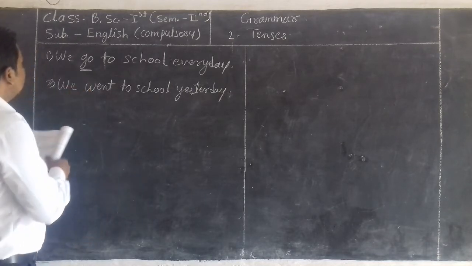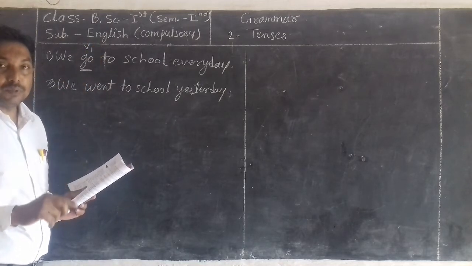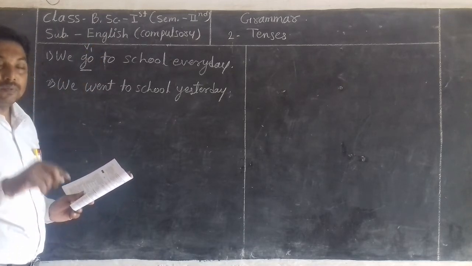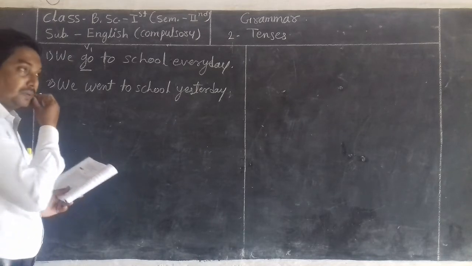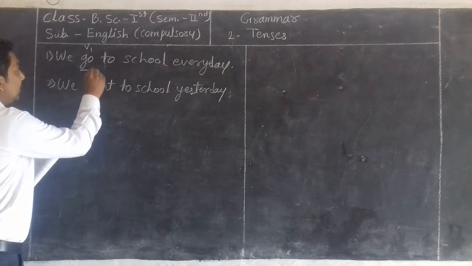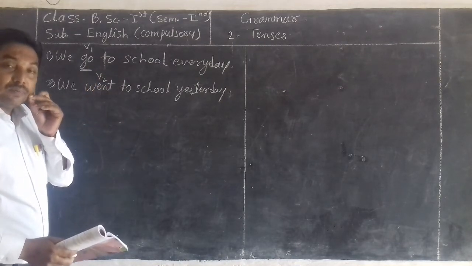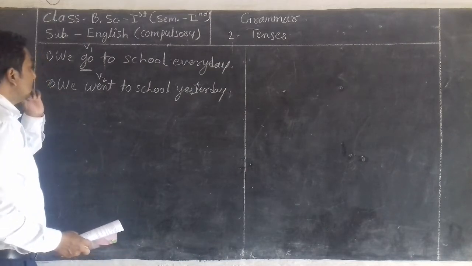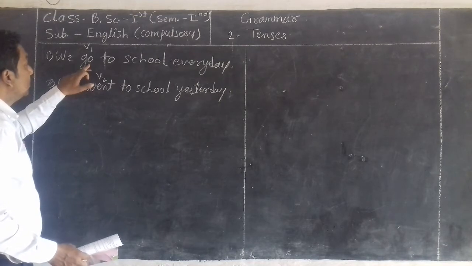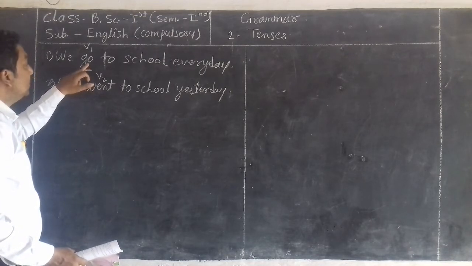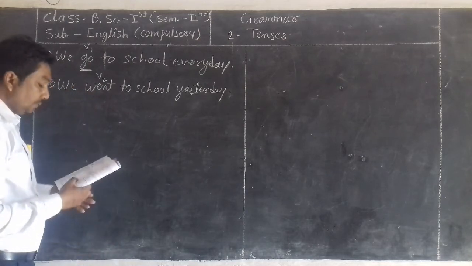So this is V1, the first form of the verb go, the main form or stem form of the verb. But when it is V2, it means the second form of the verb, or the past form of the verb go. This is the first form of the verb and this is the second form of the verb.